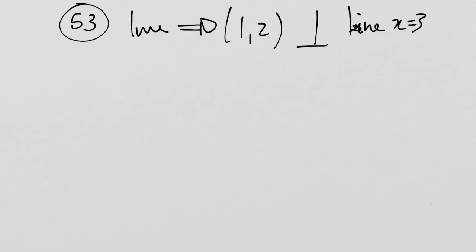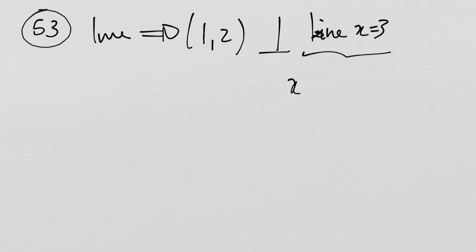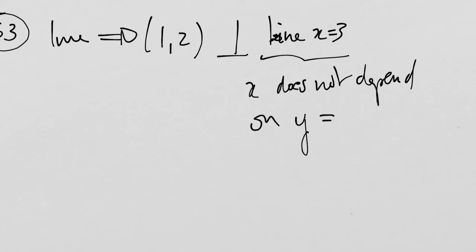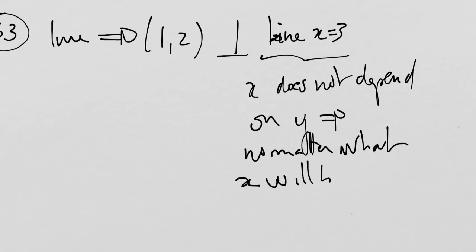x = 3. Well, when you're looking at x = 3, what you're going to say is x does not depend on y. That implies that no matter what, x will always be equal to 3.